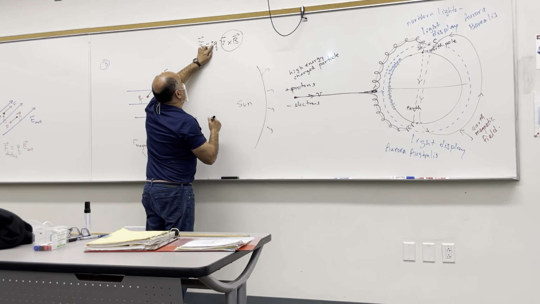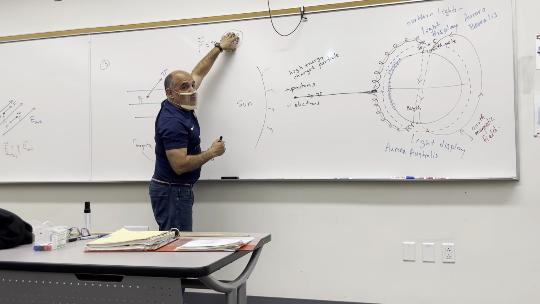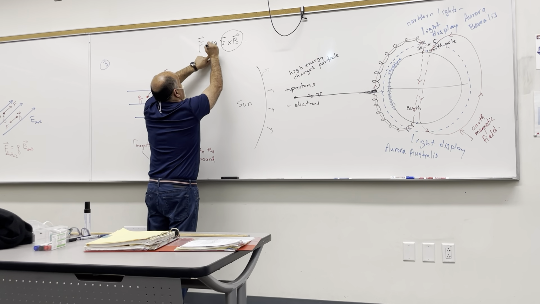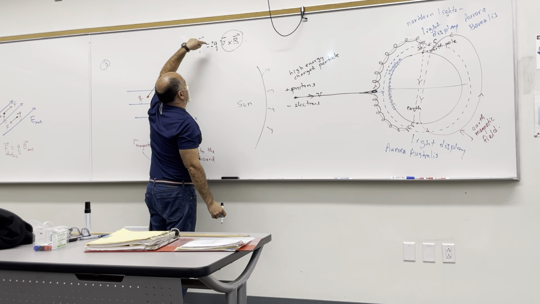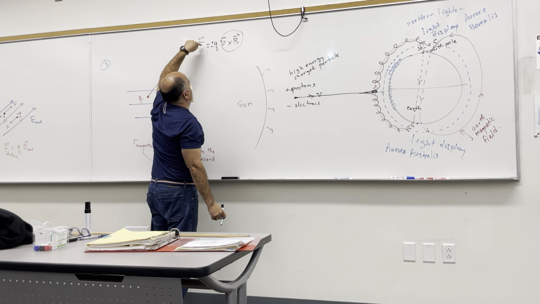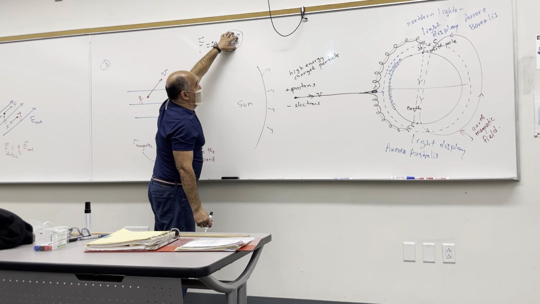If the charged particle is positive, then the force acting on it will be in the direction of this cross product. But if the charged particle is negative, like electrons or muons, then the force exerted by the magnetic field will be in the opposite direction to this cross product.